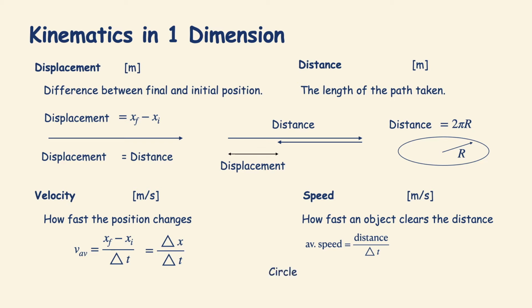For circles, remember, we use the distance for one circle to be equal to the circumference of the circle. So I can write that the average speed will be equal to the circumference for one circle, 2 pi r, over the time for one circle, which in physics is called the period, marked as capital T and defined as the time for one circle or one revolution.